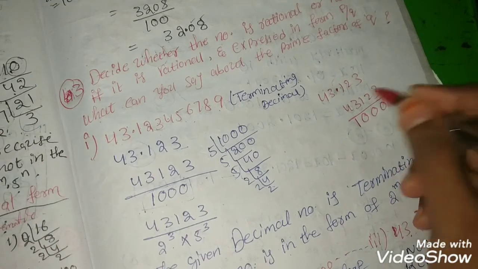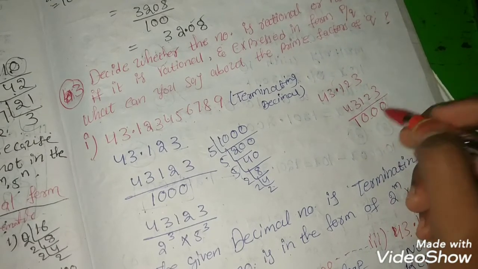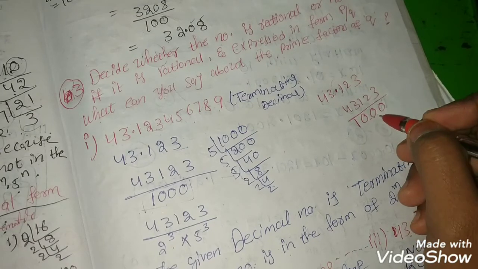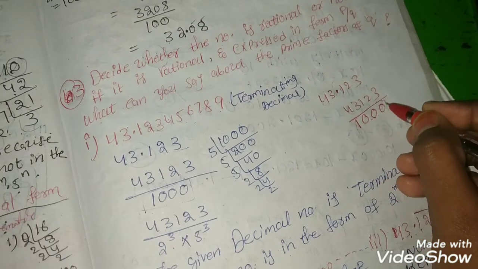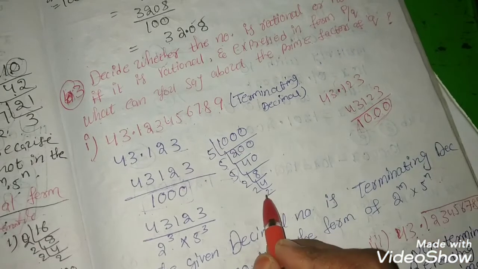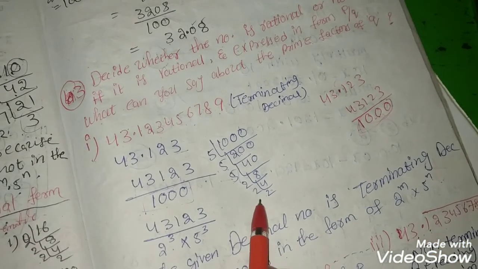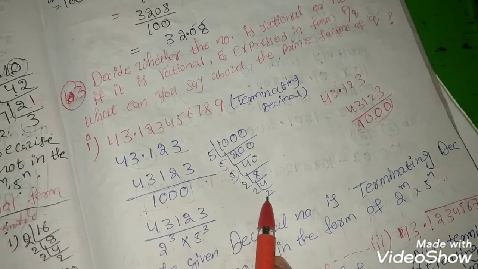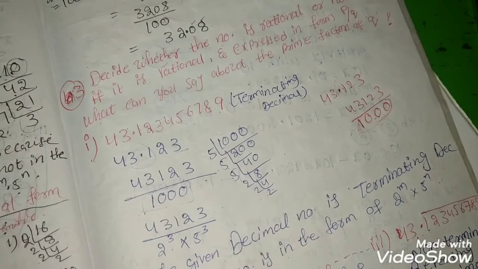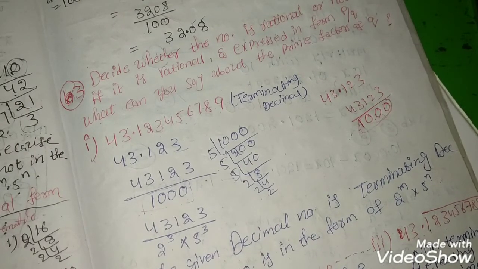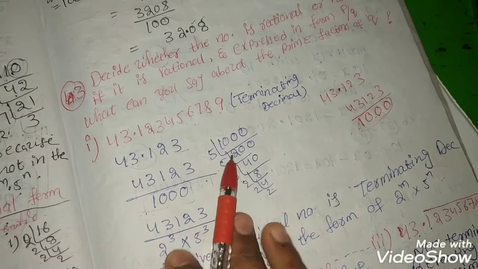This is the fractional form. Now you have to check whether this is a rational number or not. If you take the LCM of 1000, we get only the prime factors 5 and 2. Already we know that the denominator must be in the form of 2 power m and 5 power n. So this is true. Of course, we can say this is a terminating decimal.